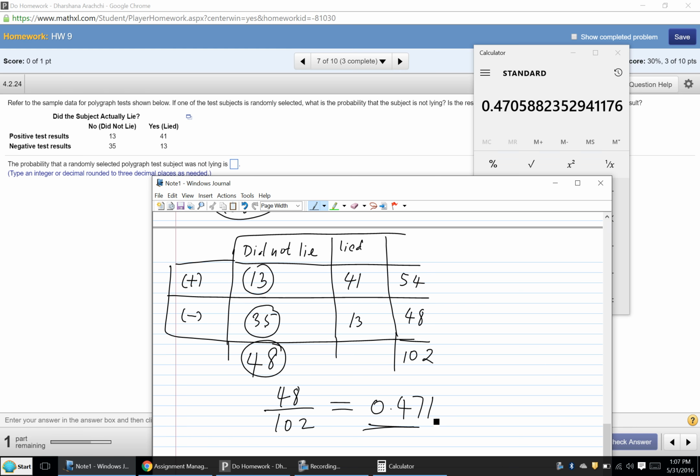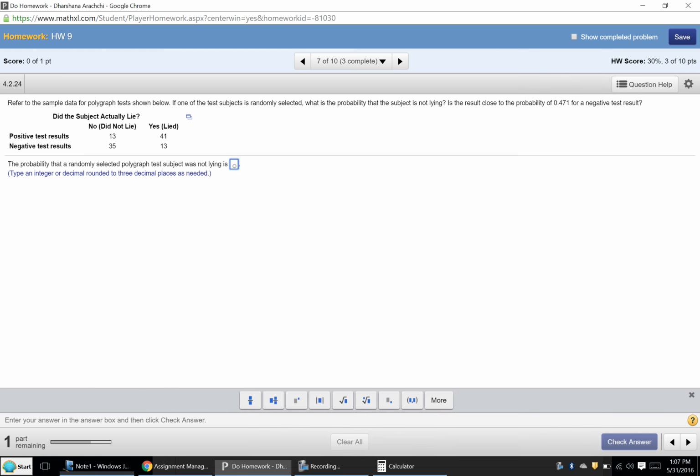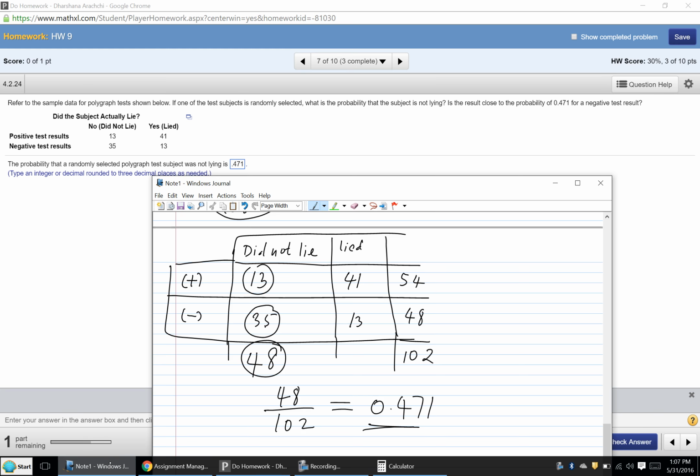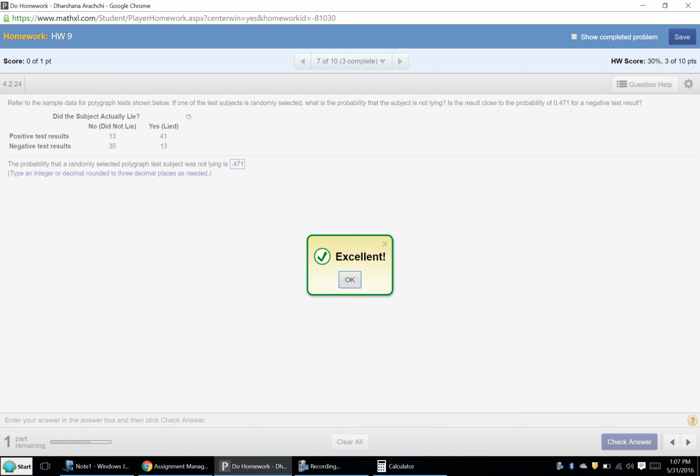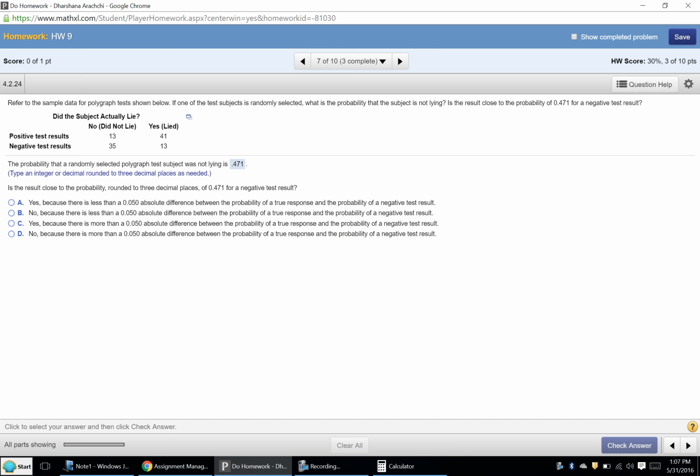Let's type it and see. 0.471, is that right? Yes, I think this should work. This part asks for the result rounded to 3 decimal places, 0.471, for the negative test result.